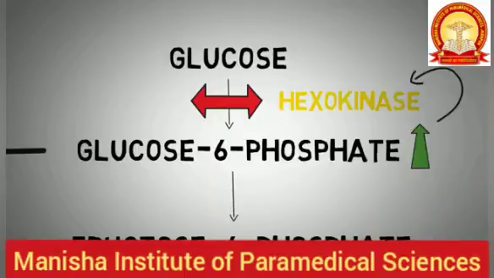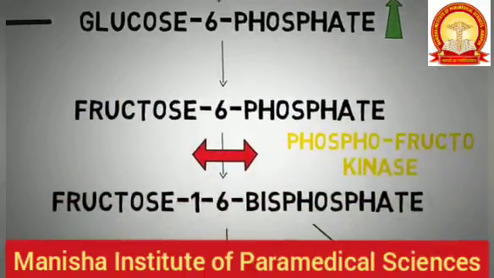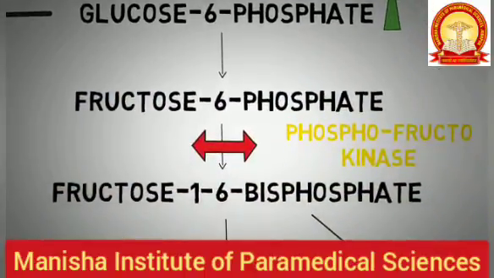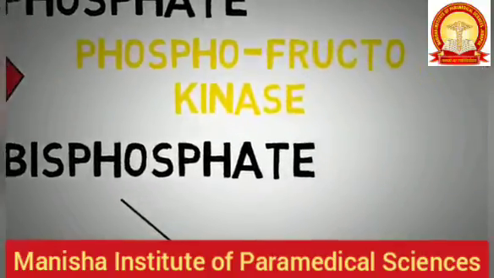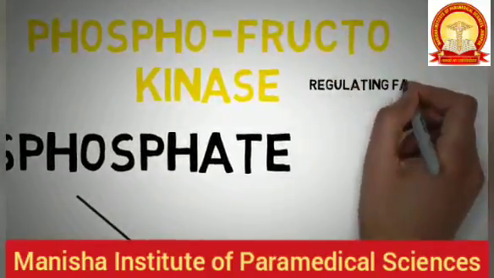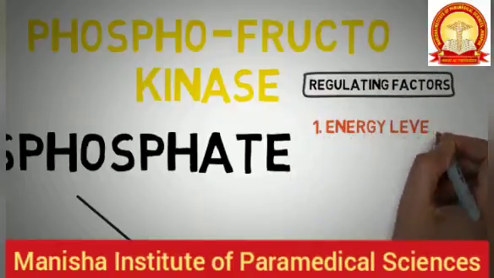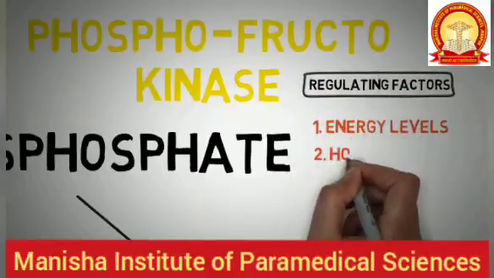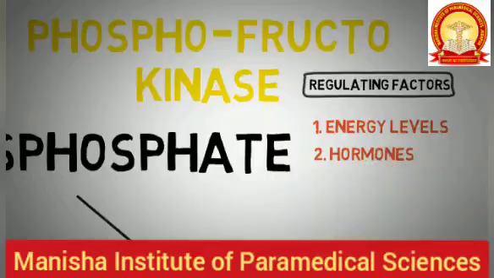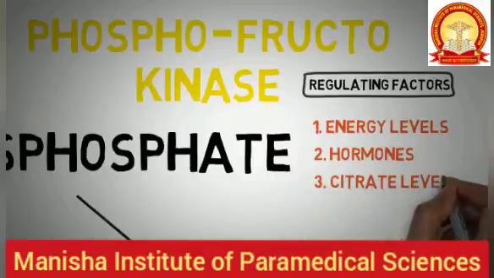The next point is here, the conversion of fructose 6-phosphate to fructose 1,6-bisphosphate, and the enzyme acting here was the phosphofructokinase. Now, phosphofructokinase is mainly regulated by 3 important factors: the energy content of the cell, hormones, insulin and glucagon, and the levels of citrate in the cell.